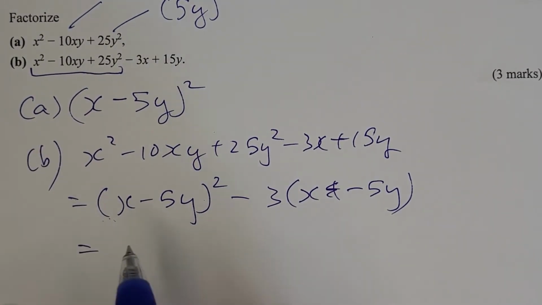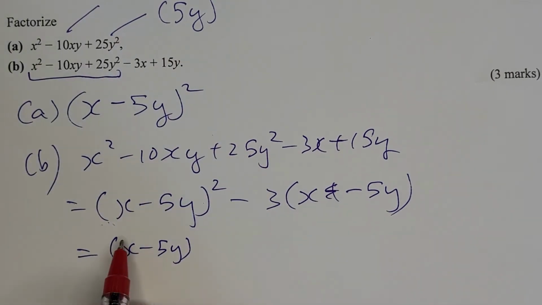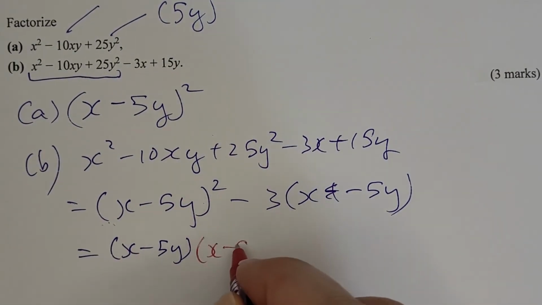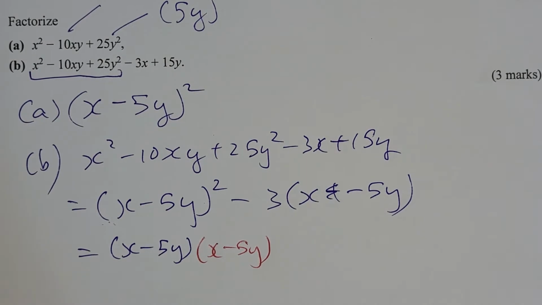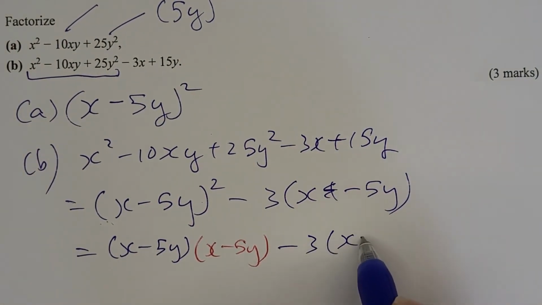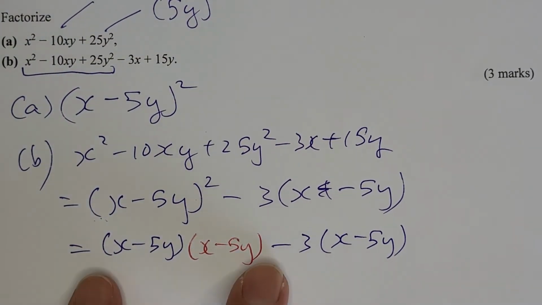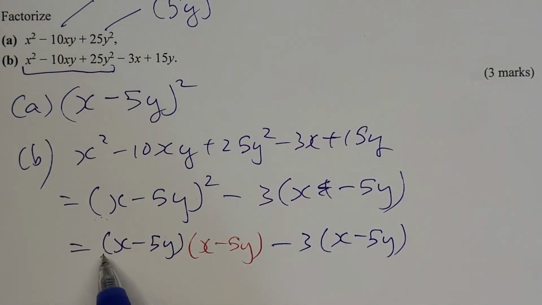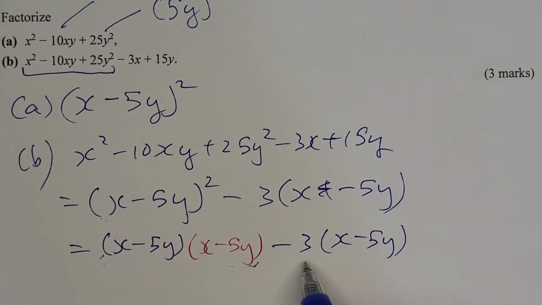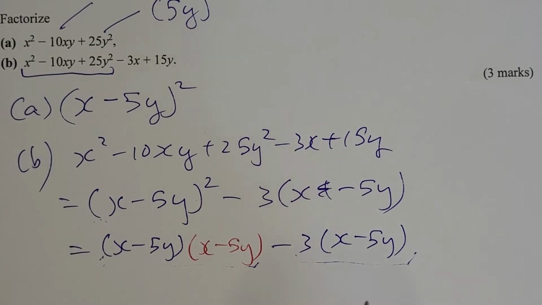x minus 5y squared means 2 of these brackets: x minus 5y times x minus 5y, 2 brackets, okay, 2 of these. And then minus 3 bracket x minus 5y. Now you find that the first big term and the other big term have the same common factor, x minus 5y.